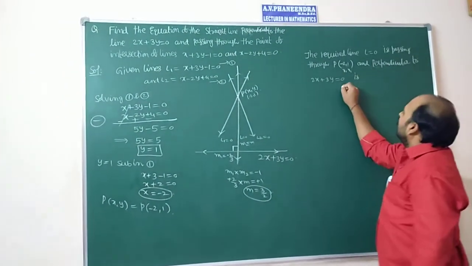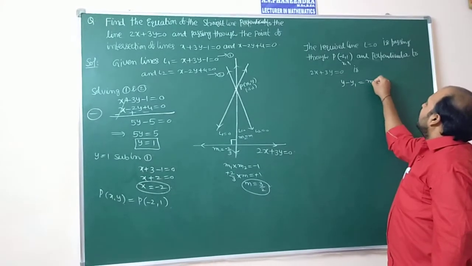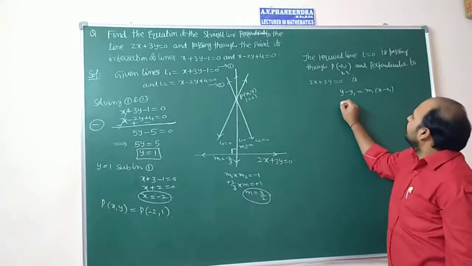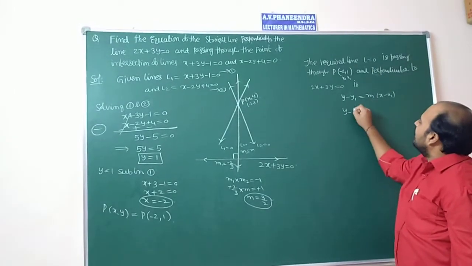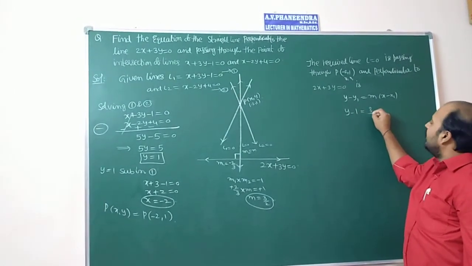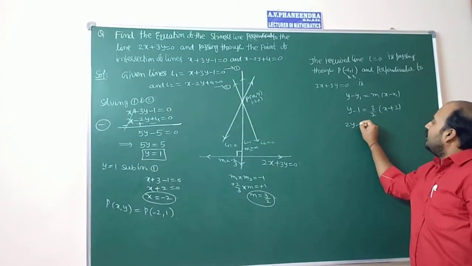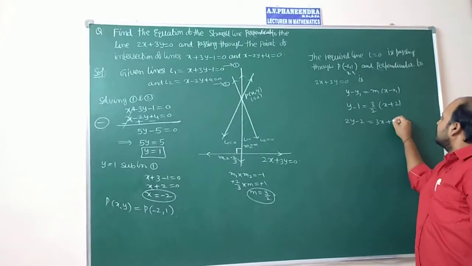The equation is y minus y1 equal to m into x minus x1. Here what is m? We calculated it as 3 by 2. So y minus 1, since y1 value is 1, m value is 3 by 2 into x minus of minus 2. Cross multiply: 2y minus 2 equal to 3x plus 6.